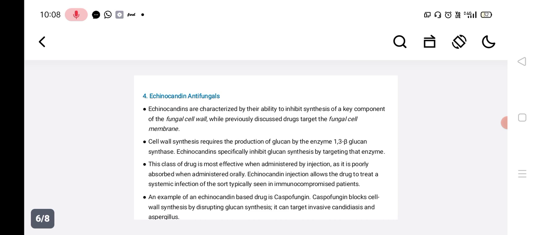Echinocandins specifically inhibit glucan synthesis by targeting that enzyme. This class of drug is most effective when administered by injection, as it is poorly absorbed when administered orally. An example of echinocandin antifungal drugs is caspofungin.